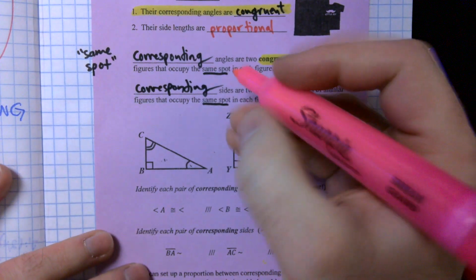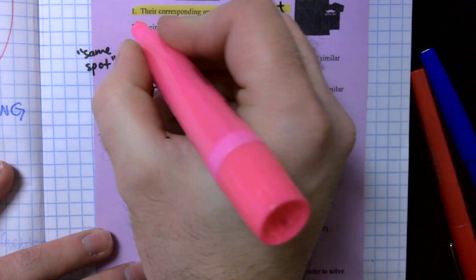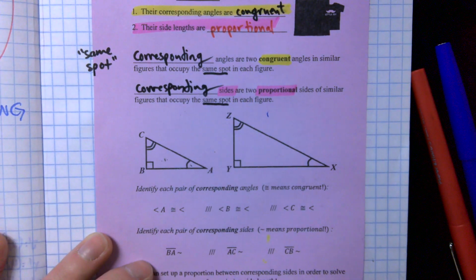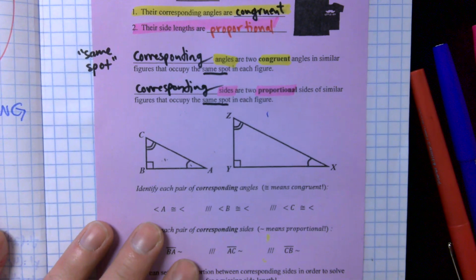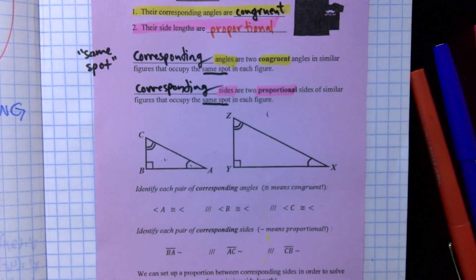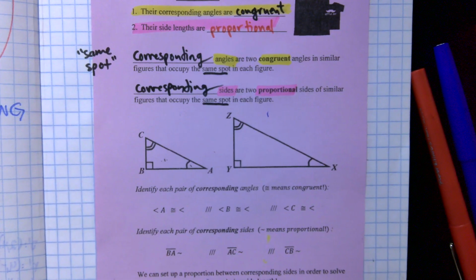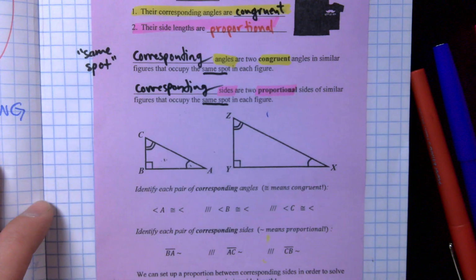But corresponding sides are going to be proportional. Okay? Everybody with me so far? Okay, thank you.